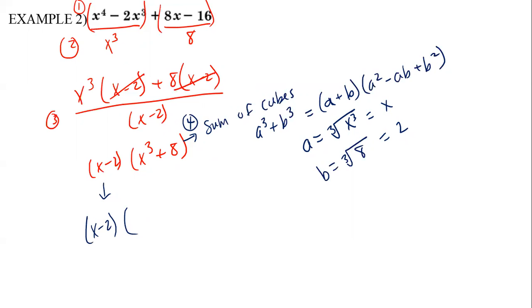So a plus b is x plus 2, times a squared, which is x squared, minus a times b, which is x times 2, or 2x, plus b squared, which is 2 squared, which is 4. And so I'm left with x minus 2 times x plus 2 times x squared minus 2x plus 4.